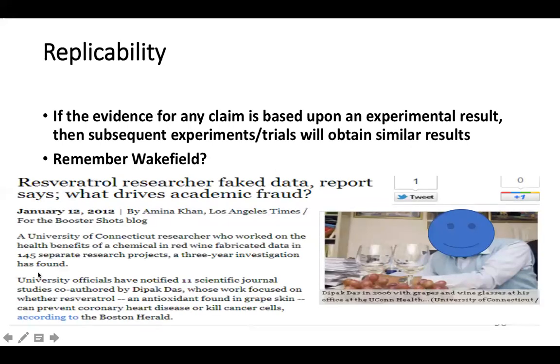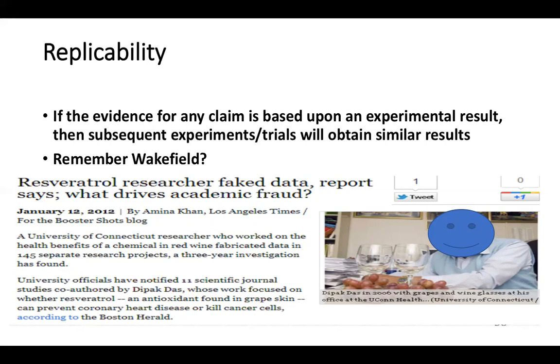R is for replicability. It is very important in modern science, when you have a positive study, to be able to replicate the results in other studies, okay? Because as we discussed before, when we try to reach the knowledge or the truth, there is only one truth that we believe, and in order for you to reach that one truth, there are different ways.